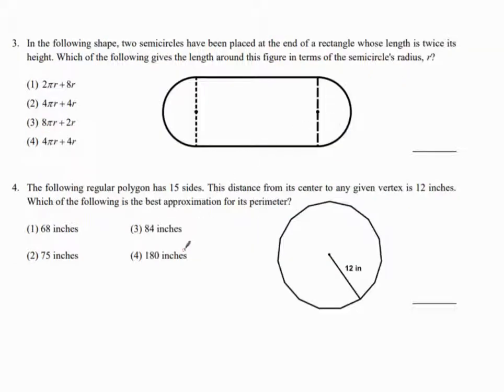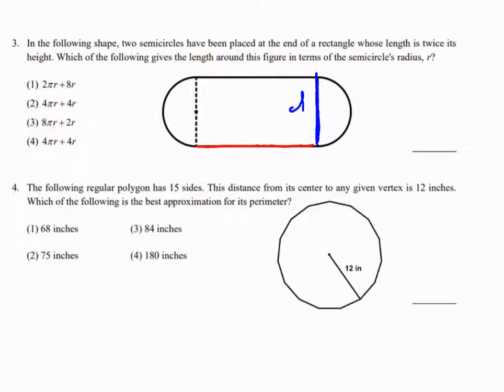For number 3, in the following shape, 2 semicircles have been placed at the end of a rectangle whose length is twice its height. Which of the following gives a length around this figure in terms of the semicircle's radius r? So this part here is twice this part here of the rectangle. If you look at this blue part, that's actually the diameter.